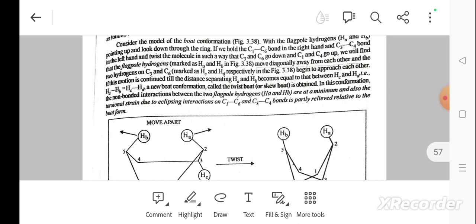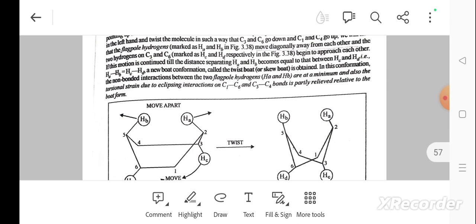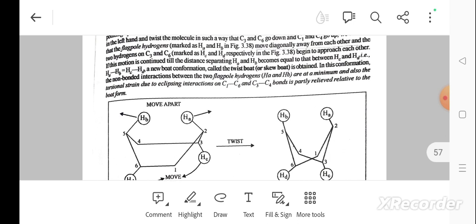and the two hydrogens on C3 and C6 begin to approach each other. If the motion is continued till the distance between HA and HB becomes equal to that between HC and HD, a new boat configuration called the twist boat is obtained.